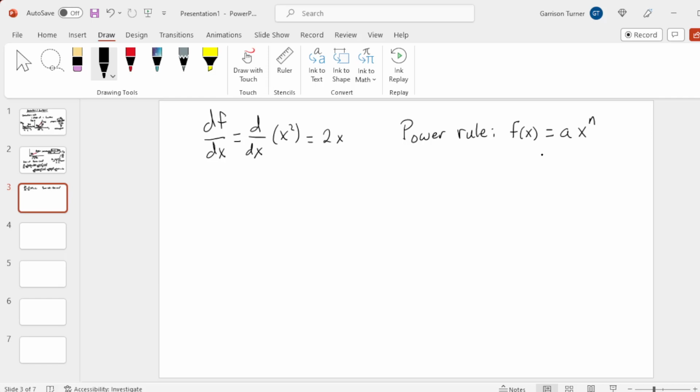Then your result, you'll notice the relationship between x squared and 2x. 2x is the same thing as 2 times x to the 1. Okay, 2 times x to the first. So what we've effectively done is we've taken the exponent and brought it down front, and then we've subtracted 1 from the exponent. Okay?